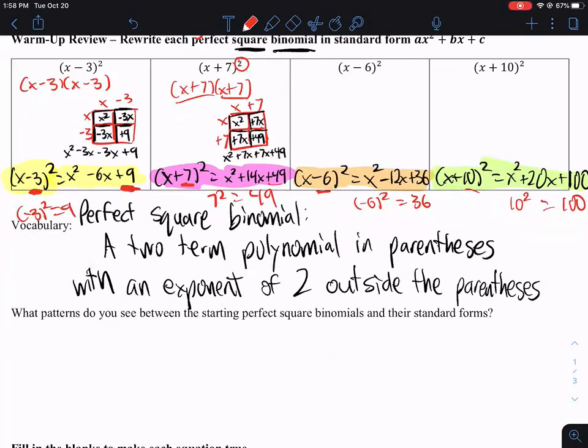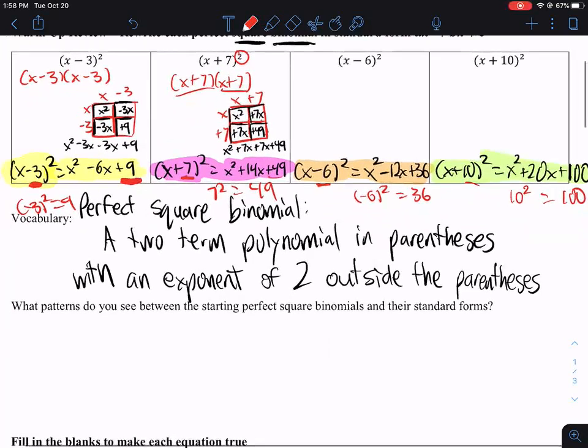So again, we gotta use some vocabulary here. So the number inside the parentheses, squared or times itself, always equals the constant, right? The term without a variable. Okay, so that's one good pattern.